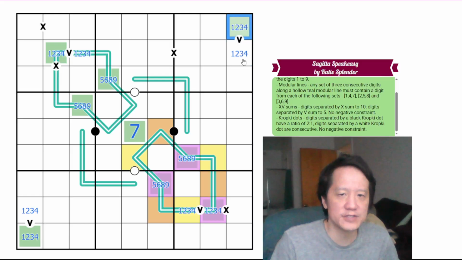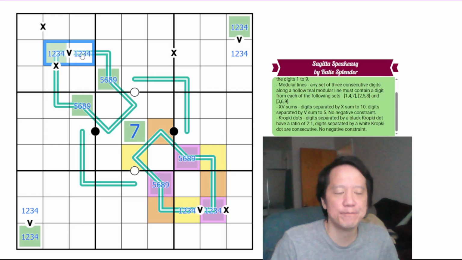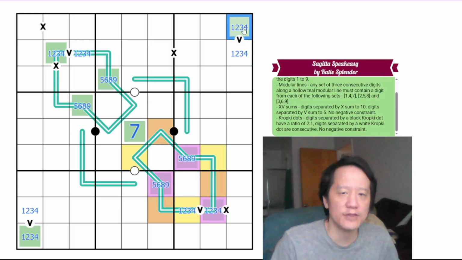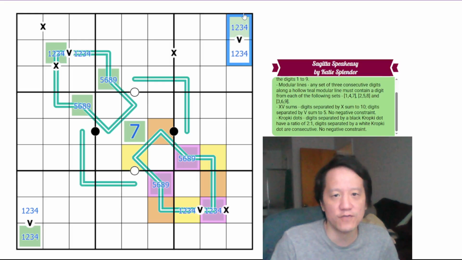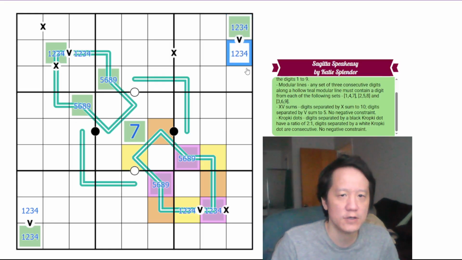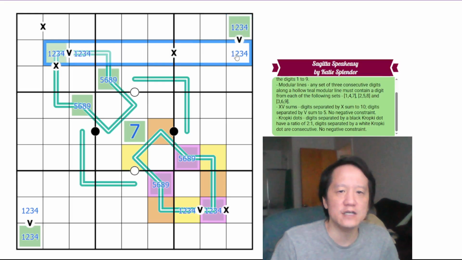But if this adds up to 5 with another digit, it cannot be this pair, right? So say this was 2 and 3. 2 and 3 couldn't be here, so that's 1 and 4 here. And this digit must also be 1 and 4 to add up to 5 with the 1 and 4 that's here. So that means this cell sees all the different possibilities for 1 through 4.